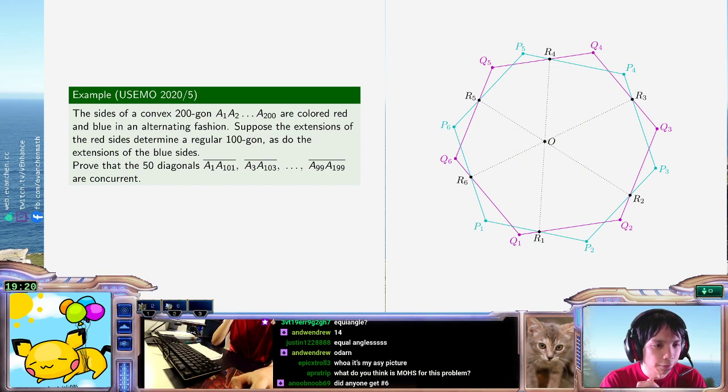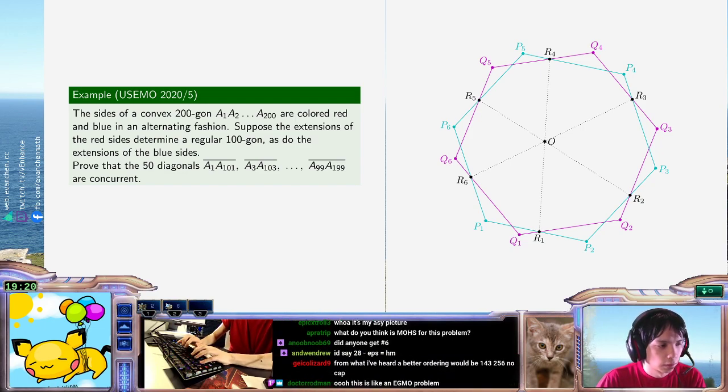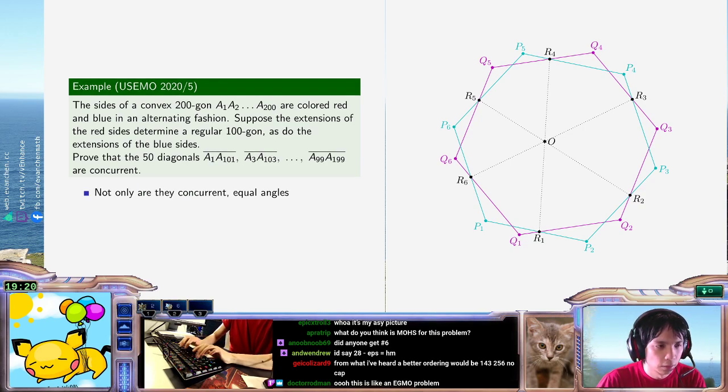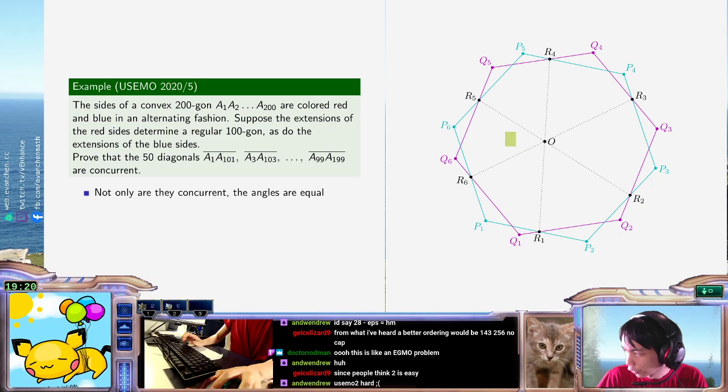The thing I want to say is I claim not only are they concurrent, the angles are equal. In fact, I claim these are 60-degree angles. And if that's going to be true, that gives you a big hint what the key point is.